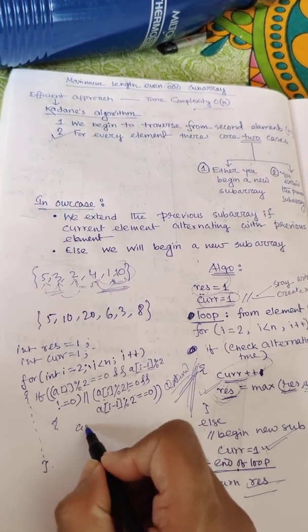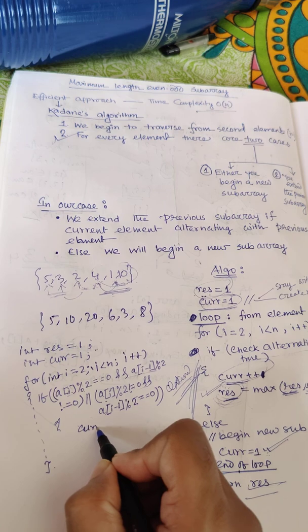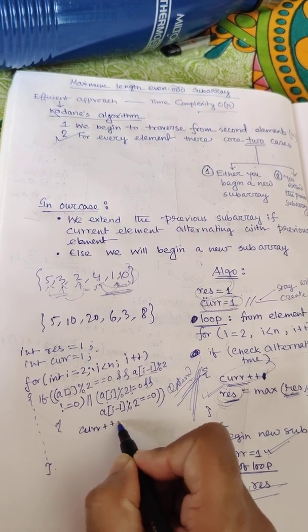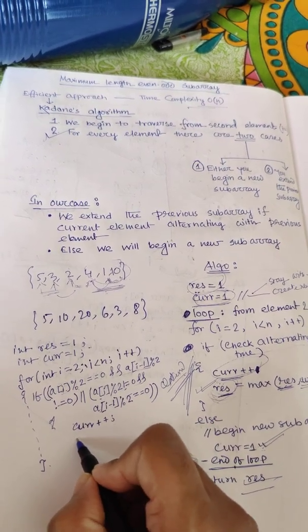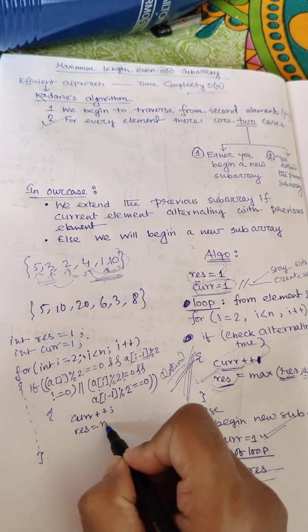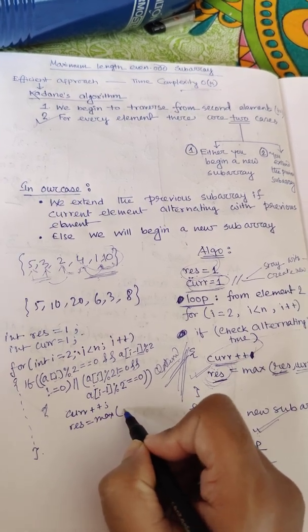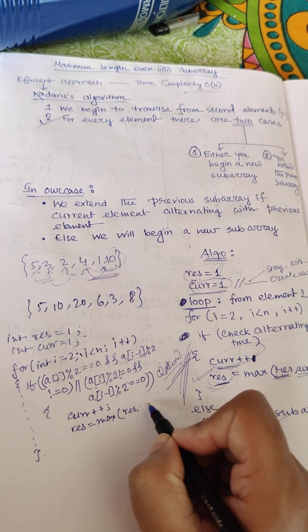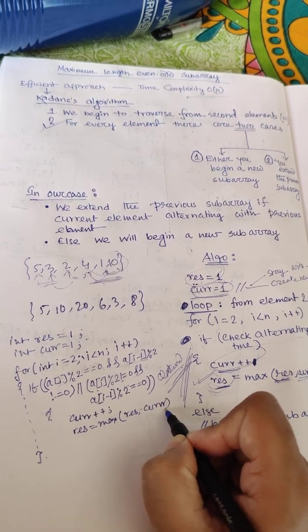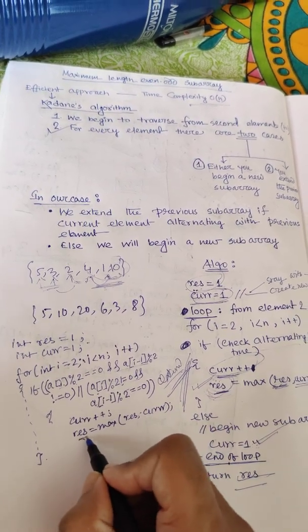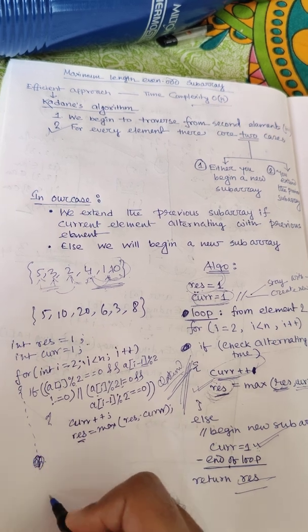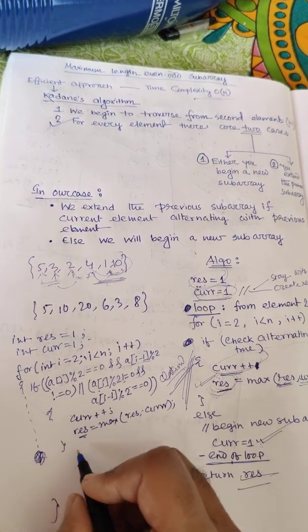We will extend our subarray. So current plus plus, and we will update our result through the maximum of result and current. Whichever is maximum, we will take that and store it in our result.